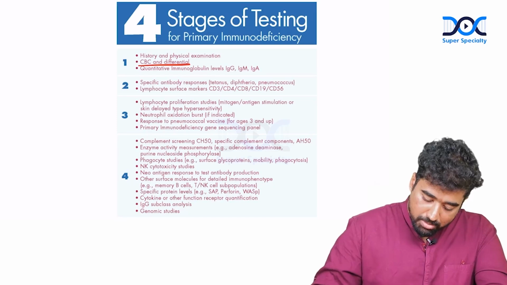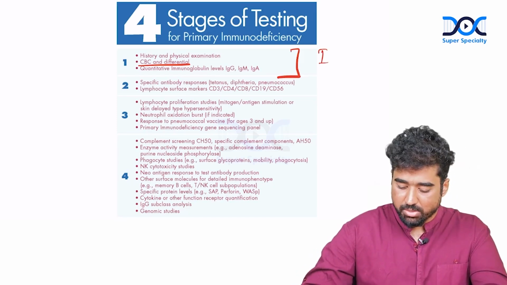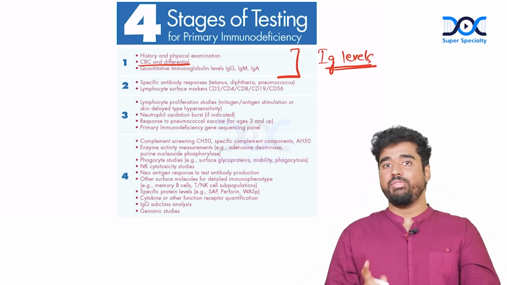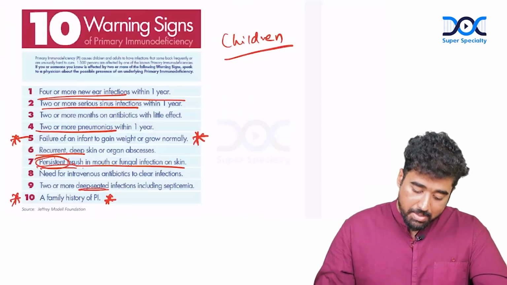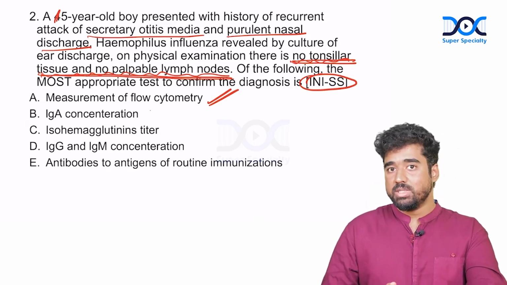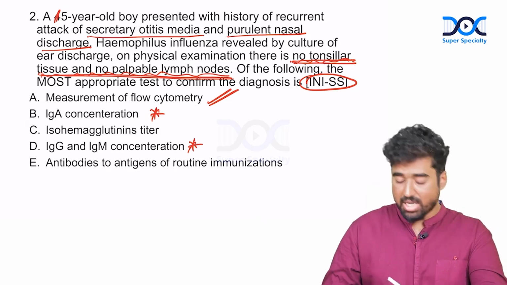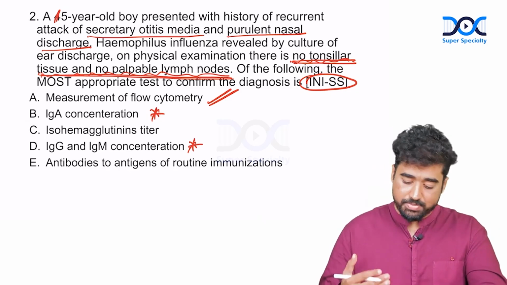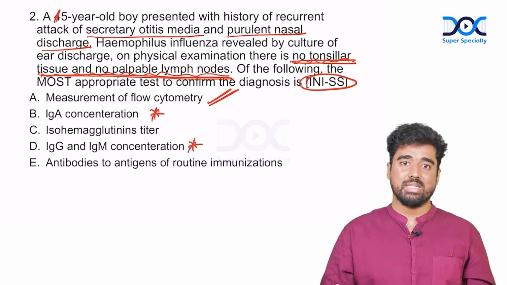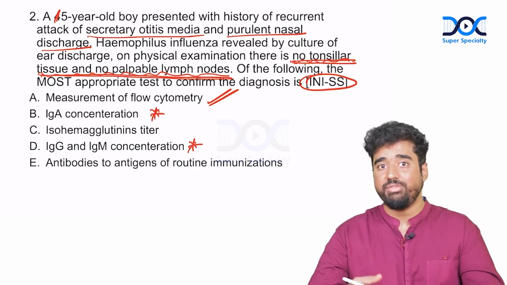Then along with that, the most important part is the first step itself includes immunoglobulin levels. So first stage of testing itself includes immunoglobulin levels. But if you see our question, there are 2 options with immunoglobulin levels. That is one reason why you cannot mark both, which is obviously not possible in a single answer exam, or you have to look for an exact option fitting into it.